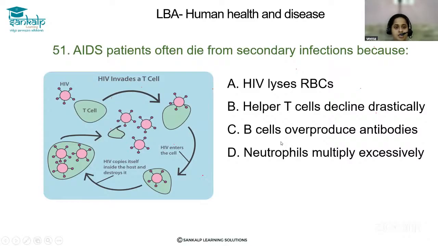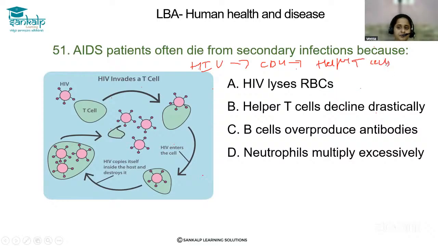Let's solve question 51. AIDS patients often die from secondary infections because. So dear students, a few minutes back we discussed HIV, right? That is the human immunodeficiency virus that directly destroys the CD4 receptors of the helper T cells, right?